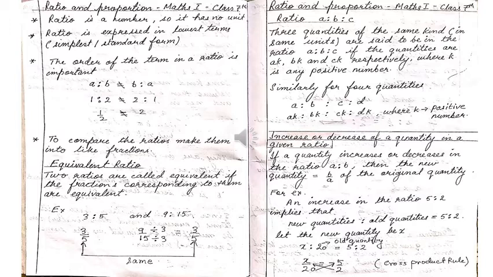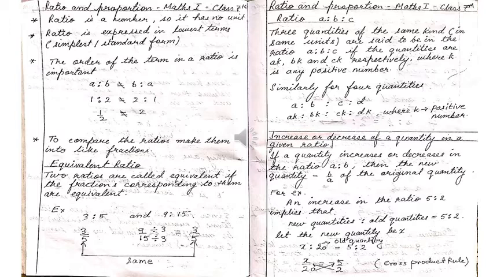Now 3 and 5 are prime numbers, so we cannot further divide it. But 9 and 15, yes, we can divide by 3 to make it in a simpler form. Now 9 is to 15 in simpler form is 3 is to 5, which is the same.